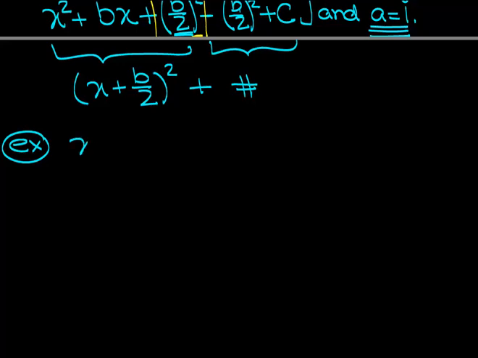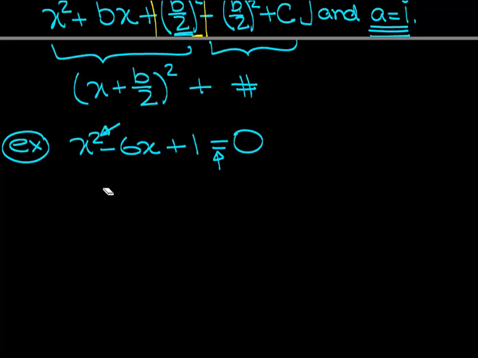So let's say you have x squared minus 6x plus 1 is equal to 0. This is a quadratic equation. I cannot factor this. You can try to find the discriminant and show that it's not a perfect square. I cannot use the square root theorem because I have this middle term. So those are out of the way. So now the only other method left is completing the squares.